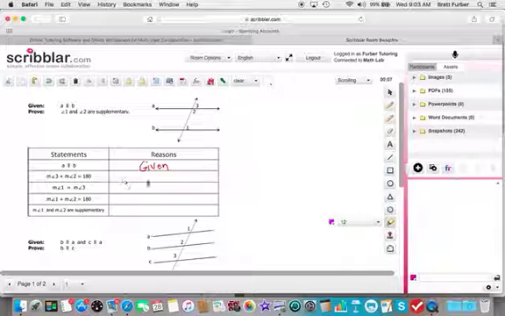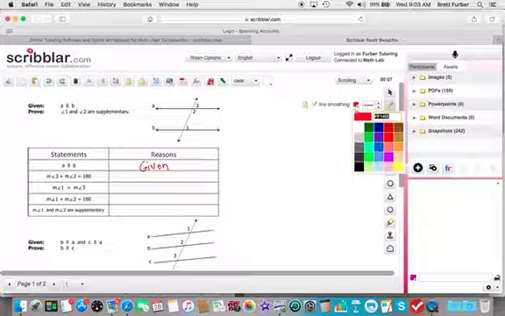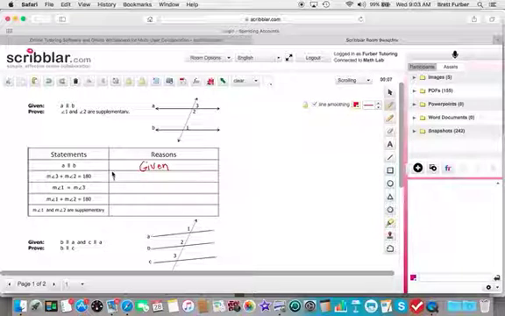So in this particular example, what I'm going to write for my reasoning is these are equal to 180 because of the definition of supplementary angles.